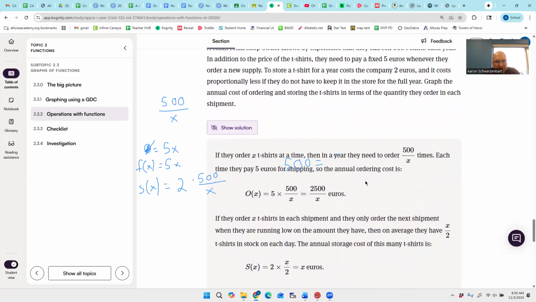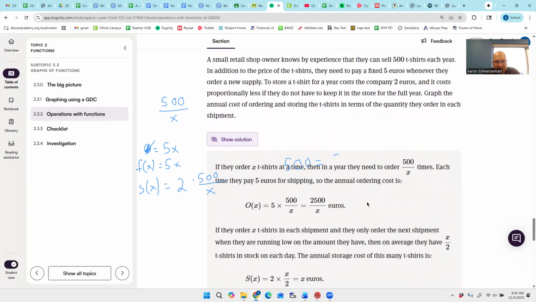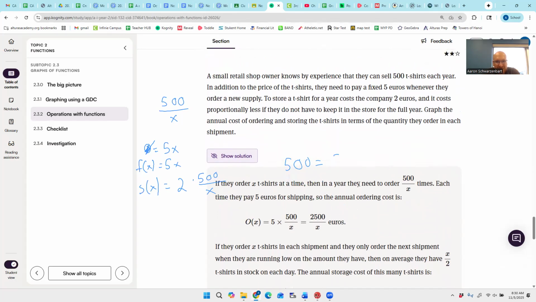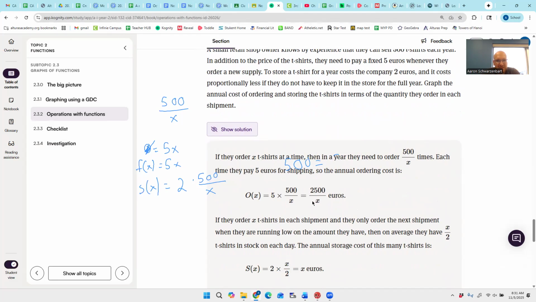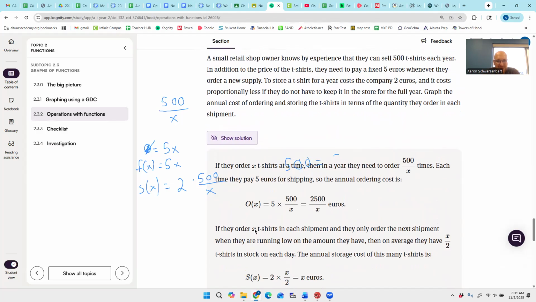So, oh, they're doing 5 times 500 over X. They order X t-shirts at a time. So they're doing it the reverse way, but I'm doing it. So X t-shirts they order, 500 over X is how many orders they'll make.